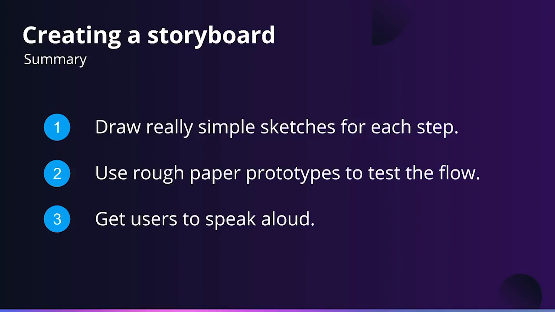Finally, if you're testing with a real person, get them to speak aloud what they see. So if you're seeing the map interface which I showed you, ask, okay, what do you see? What do you think you need to do next? And then as they're pressing the buttons and you're changing the screens, you can hear what they're thinking aloud. So I really recommend rough and ready prototypes, even just for yourself, but preferably when you test with real people as well.